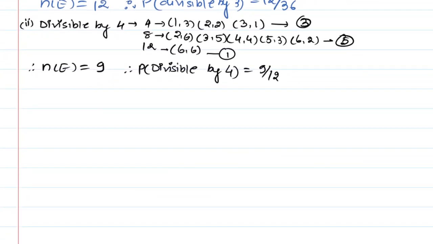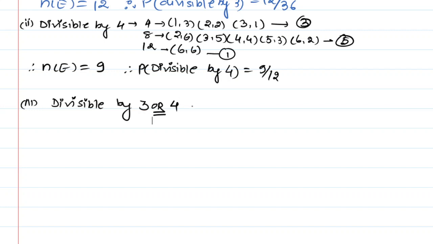So how do I approach this particular question? So let me write down. "Or" means the sum should be divisible by 3, it can be divisible by 4, or it can be divisible by both. Fine.